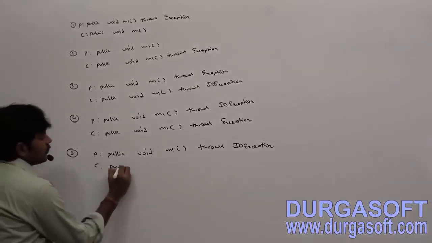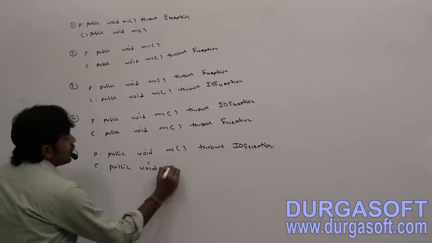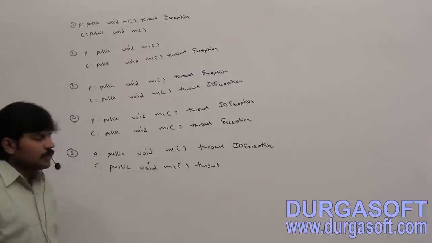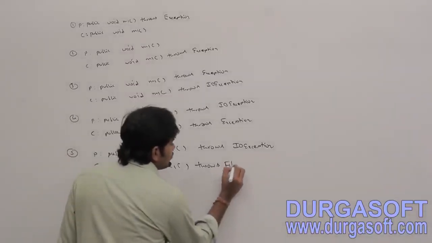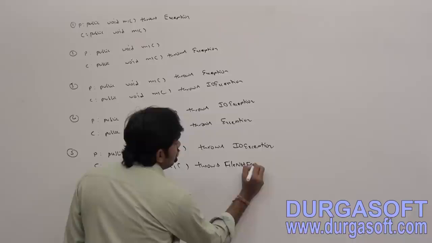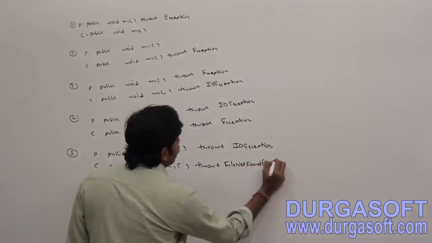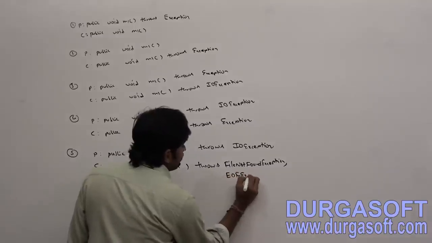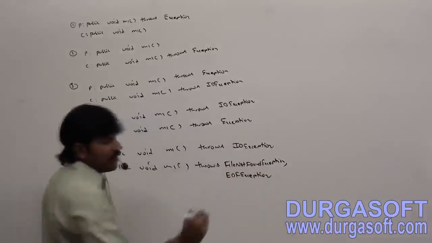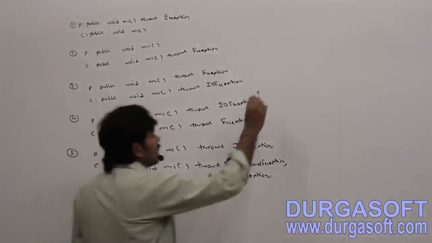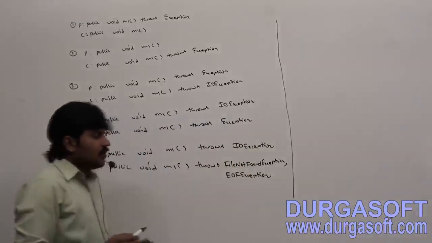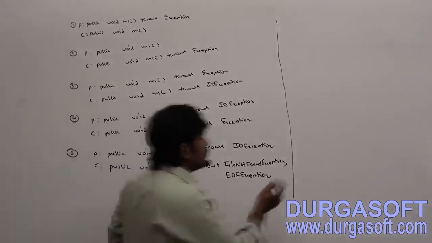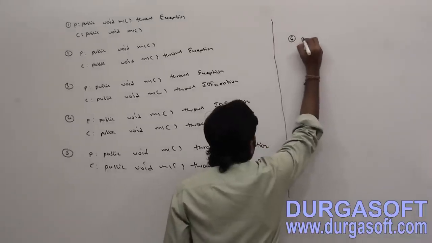Child class method public void M1 throws FileNotFoundException, EOFException. Now how many cases have we covered? 5 cases, right? Now the 6th and 7th, there are just 2 more cases.